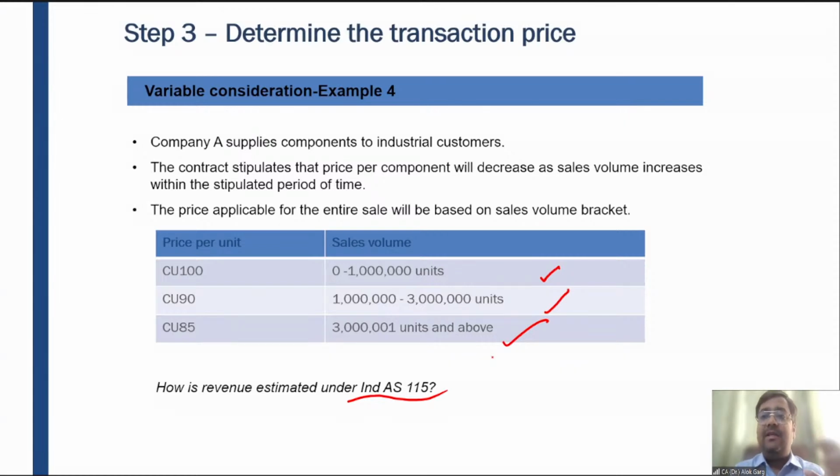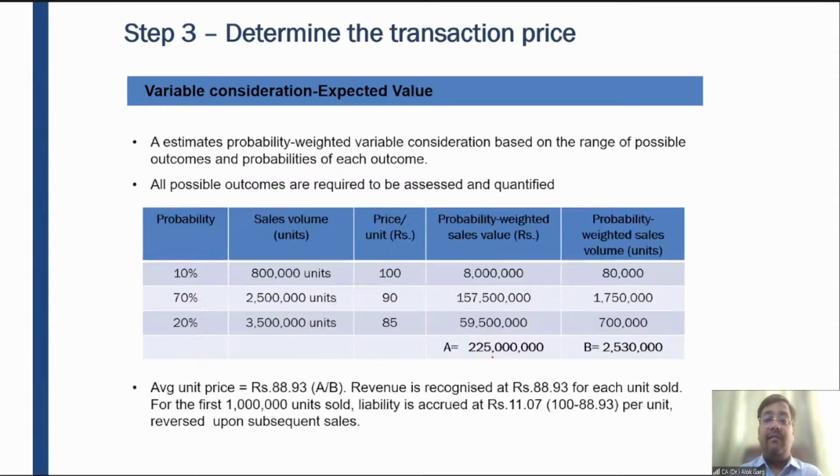So when the entity makes a sale to this industrial customer, it has to estimate the variable consideration, which could be positive or negative. The entity has to consider the volume rebate, the volume discount, and factor in at the beginning what will be my price per unit, which I have to recognize in my books of accounts as revenue.